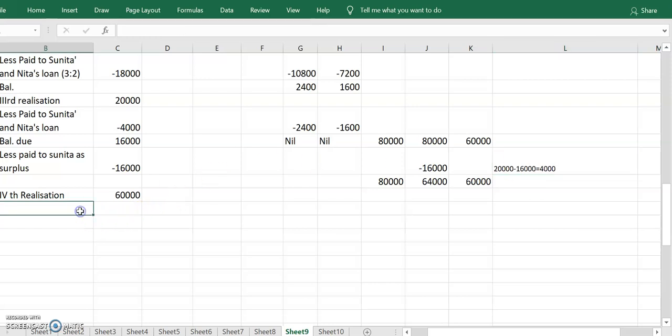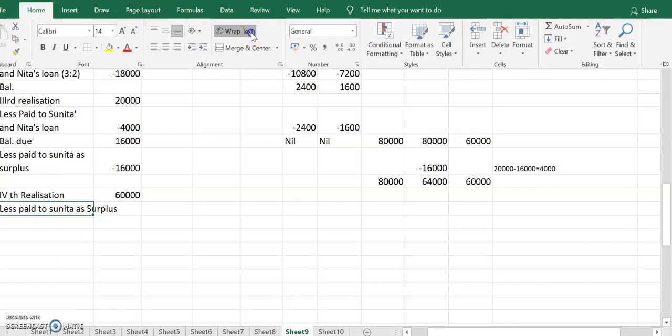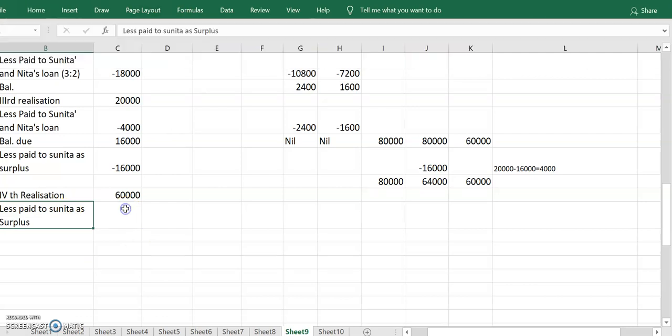So paid to Sunita as surplus. As surplus, that is only 4,000 of total surplus, 4,000 from cash as well as 4,000 from Sunita's capital.